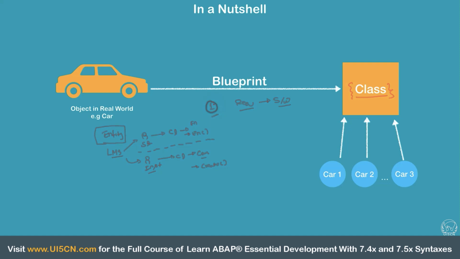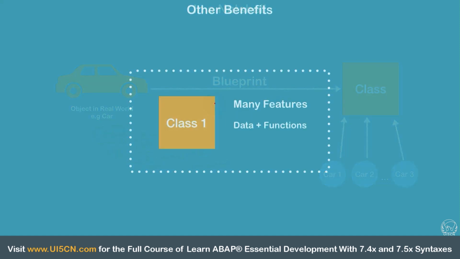Now, the other benefit, which is more technical in nature: when we create a particular class, we can have data and functions, which are called methods here, and the data and the methods can be encapsulated as part of this class.